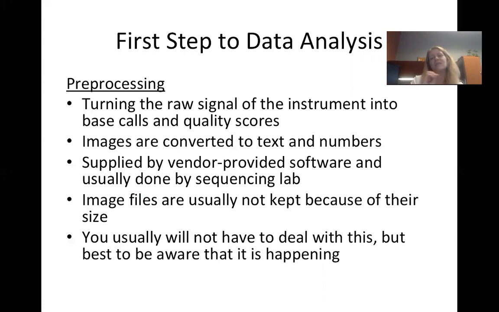Whereas if the signal gets a little fuzzy, or it looks like something has gone wrong, or the image isn't clear, it isn't bright enough, the software will assign it a low quality value. It'll say, I'm not actually sure if this is an A, I'm going to give it a 1 out of 10. It's probably an A. Or, this is definitely an A. Super clear. Picture looks perfect. I'm going to give it like a 1 out of a million. So this is how we can get quality scores assigned to each and every base that comes off of the sequencer.